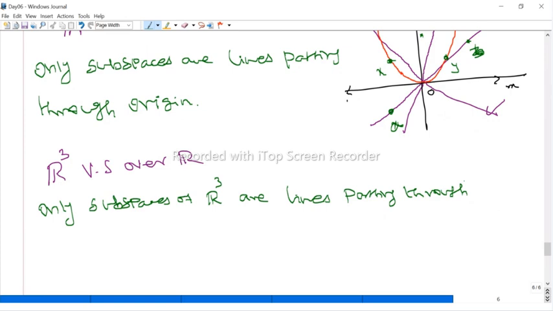If we take the xy plane or yz plane or zx plane, any plane, but passing through origin. These are the only subspaces in R3.